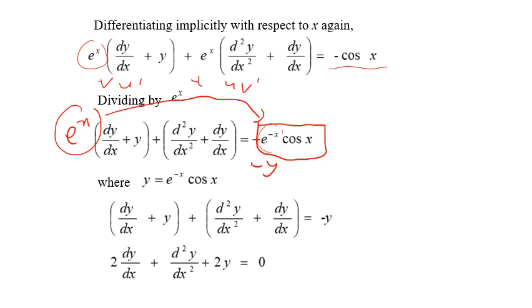Since here we have 2 dy dx, we just sum, it will be 2 dy dx, and then the second derivative, and then here negative y, they bring to the left hand side, so it becomes positive y. So positive y plus y will be plus 2y. So at the end, we can show what they need to show in the question.